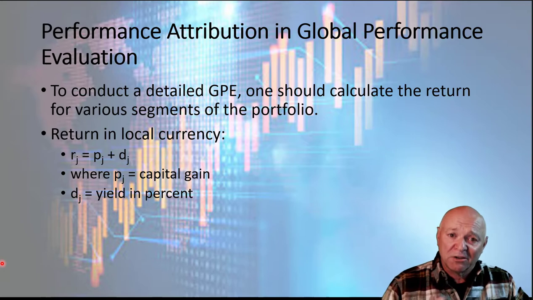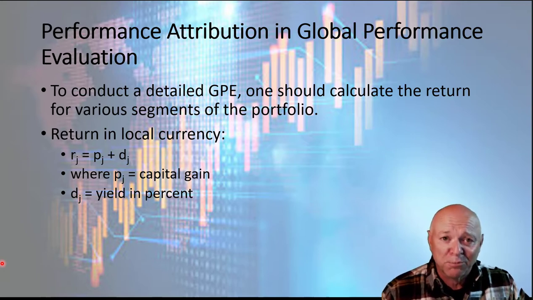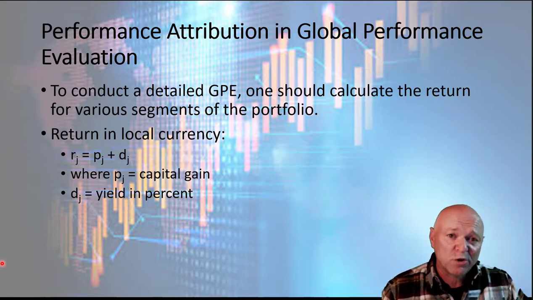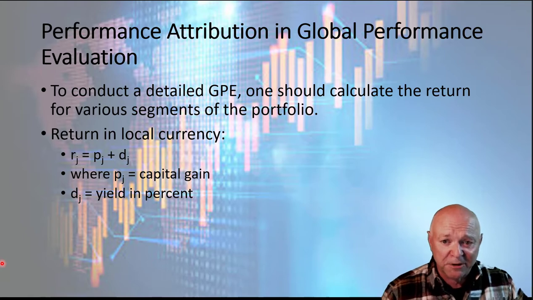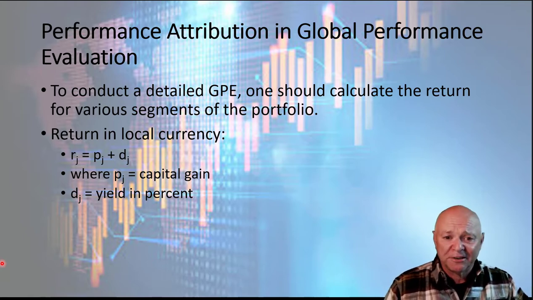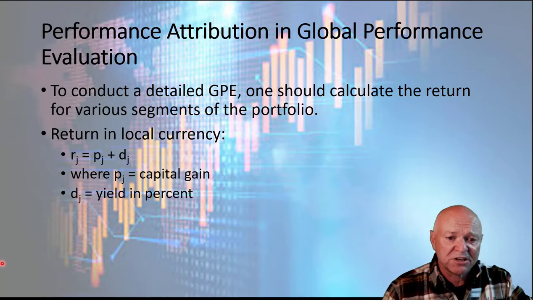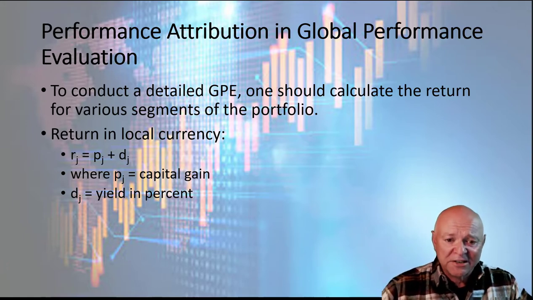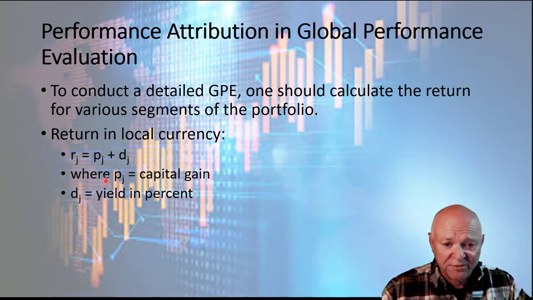To conduct our detailed global portfolio evaluation, something that you're going to be doing in your final assignment, you need to be able to calculate for various segments the rate of return in local currency. And we start off with that. So essentially, our rate is going to equal the capital gains, P sub j, plus any kind of yield, interest, or dividends in percent.